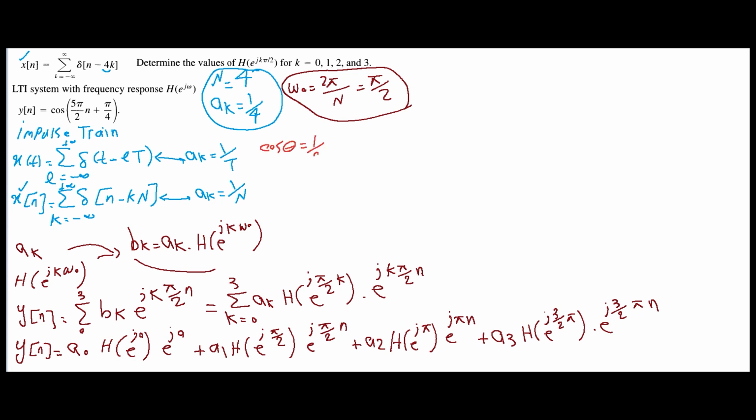Now we use Euler's identity, which states that cosine theta equals 1/2 e^{jθ} plus 1/2 e^{-jθ}. Using this identity, the given output signal can be written as follows.